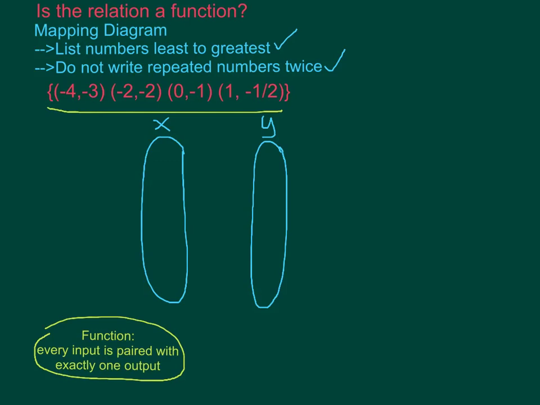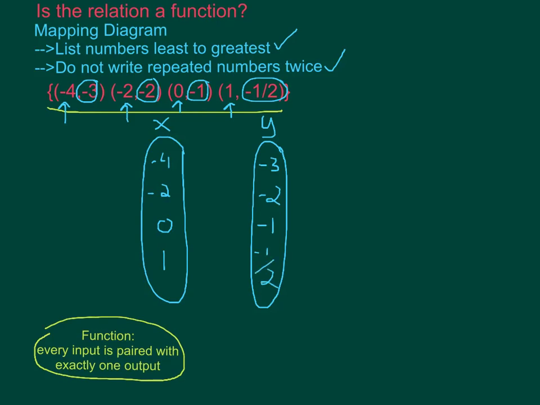So our x values: -4, -2, 0, and 1. List them smallest to largest. So -4, -2, 0, and 1. And now list our y values: -3, -2, -1, and -1/2, and list them in order, -3, -2, -1, and -1/2.